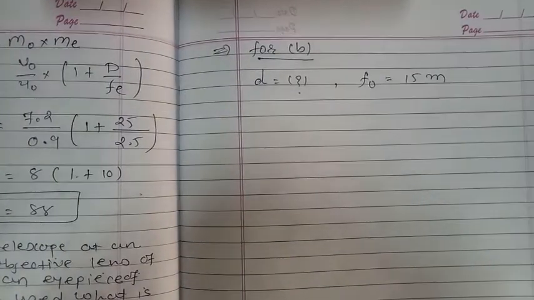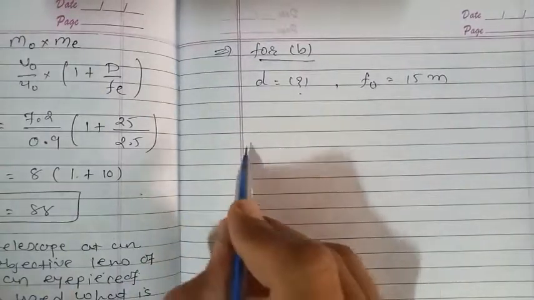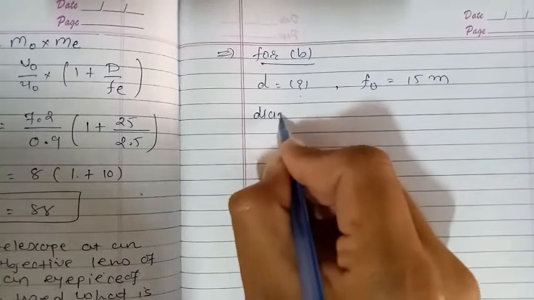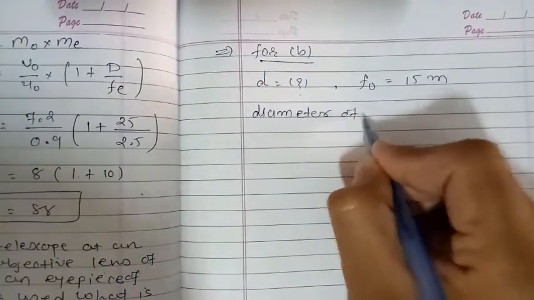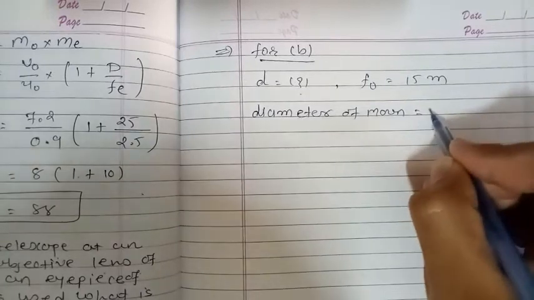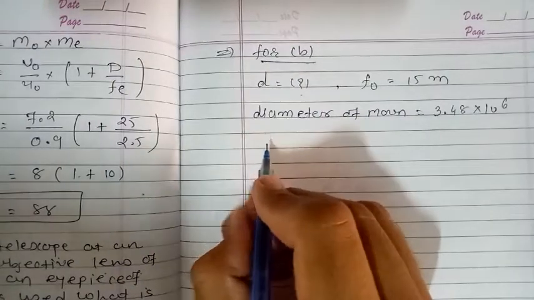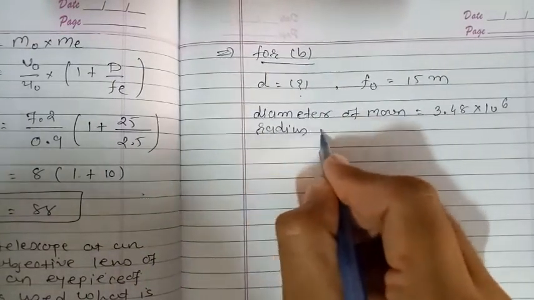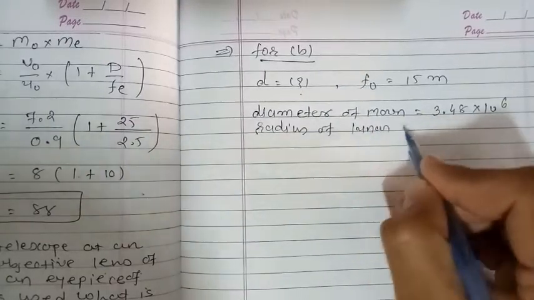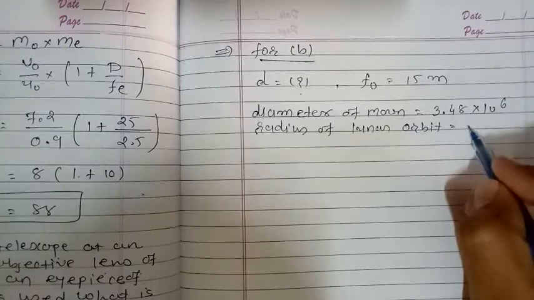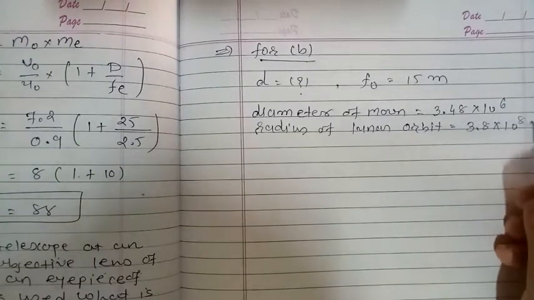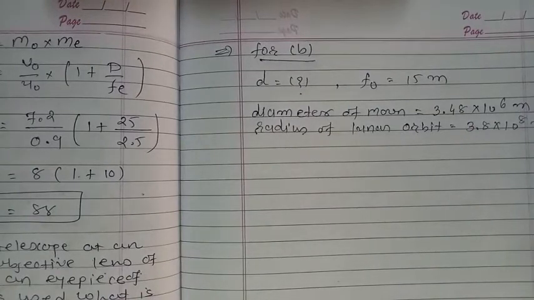The diameter of the moon is 3.48 into 10 raised to 6, and the radius of the lunar orbit is equal to 3.8 into 10 raised to 8 meter. Now we have to find the diameter of the image formed by the objective.